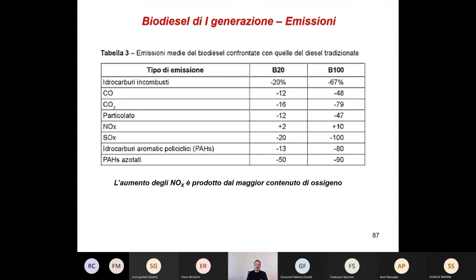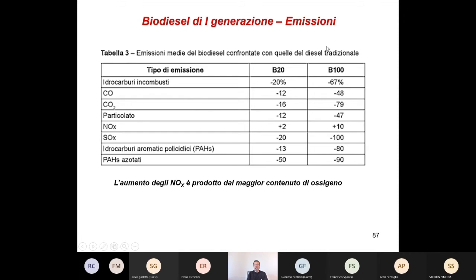If you use biodiesel instead of diesel, you can see the decrease in quite all cases of emissions if you use 20% of biodiesel, and the huge decrease of emissions if you use pure biodiesel, so biodiesel at 100%.